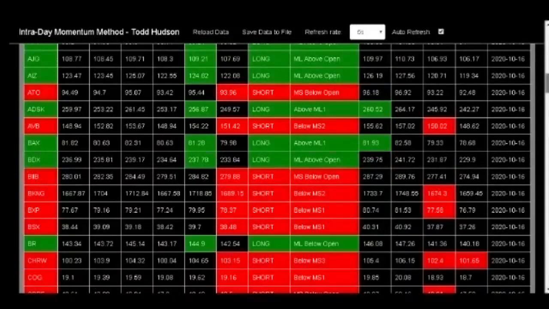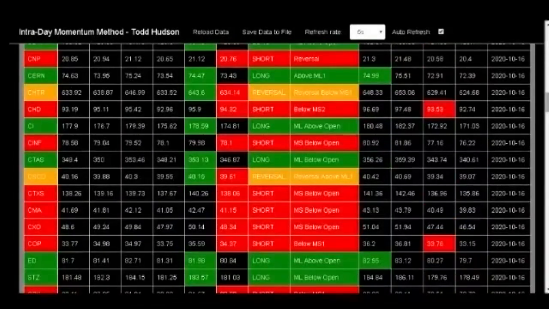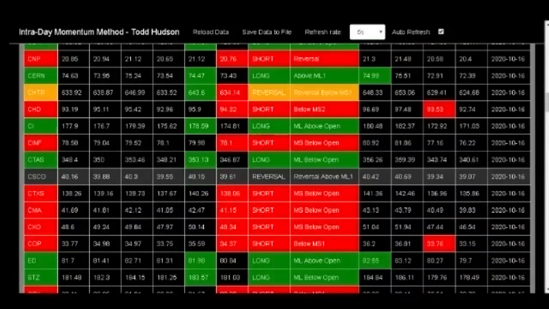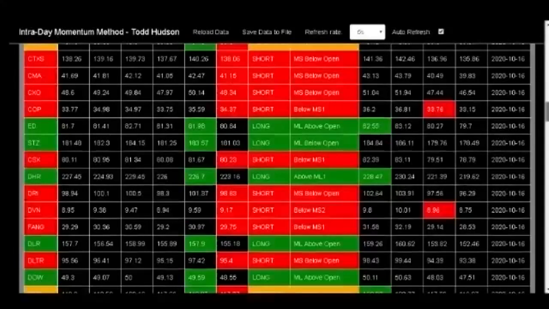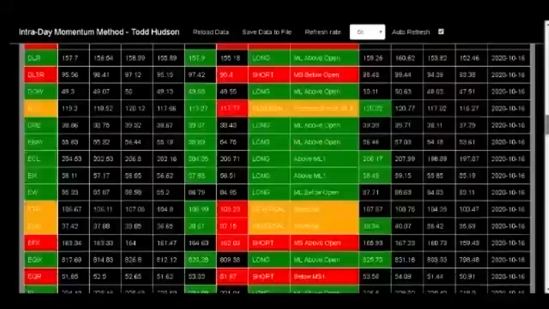And if a stock met an ML1 and an MS1 in the same trading day, the levels would turn their respective colors, green and red, but once it becomes a reversal, the symbol actually turns orange, as well as the current position of the stock.